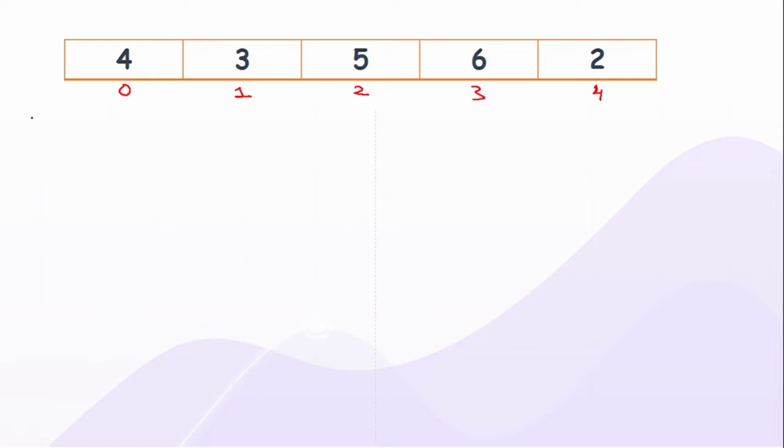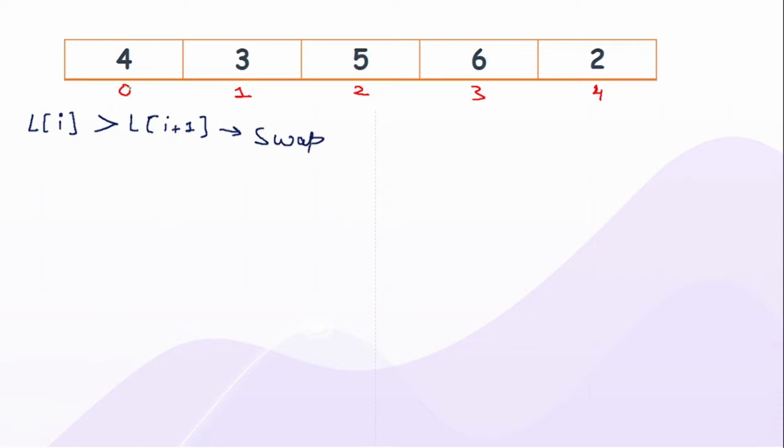So what we do is we compare the number at the ith location in the list with the number at the i plus 1th location in the list. If the number at the i plus 1th location is smaller than the number at the ith location, we swap.